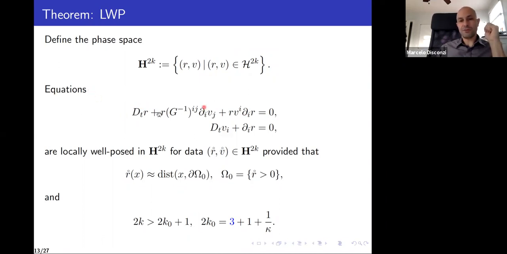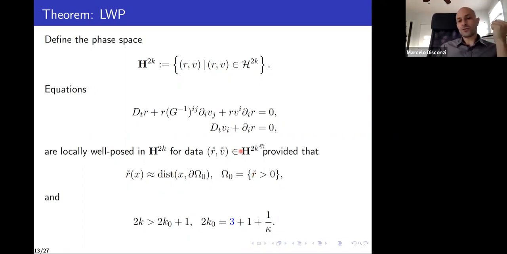So the relativistic Euler equations with a physical vacuum boundary are locally well posed in these H^2k spaces if the following is true: if the initial data has the same regularity, and if the physical vacuum boundary condition is satisfied for the sound speed squared at time 0. Remember, I told you that the way you see the physical vacuum boundary condition is something to impose on the initial data, right?